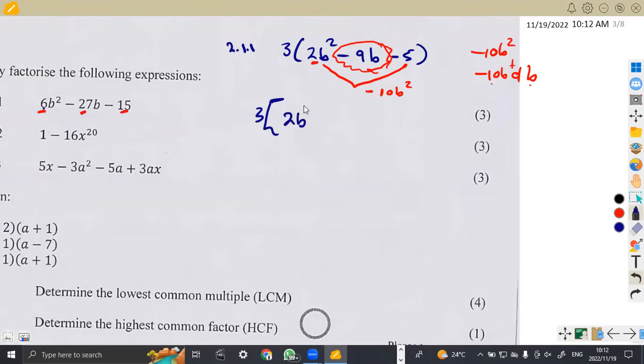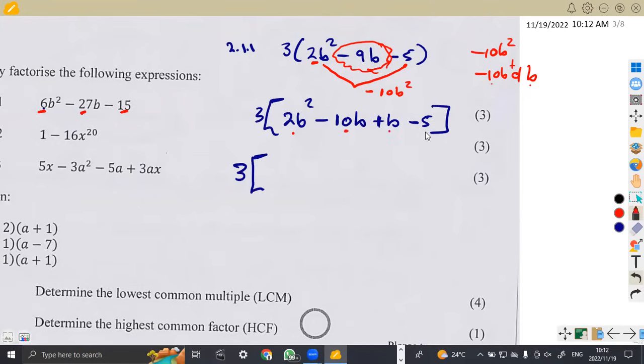So we've got 3 into 2b squared minus 10b, or you can just use plus b minus, whichever way you're supposed to use. So we've got minus 10b plus b minus 5. As we can see here, if we add, we get minus 9b. Okay, so from there, remember that we now have 4 terms.